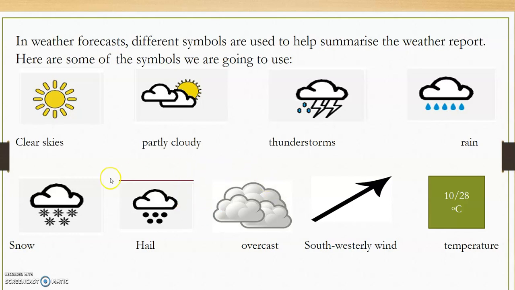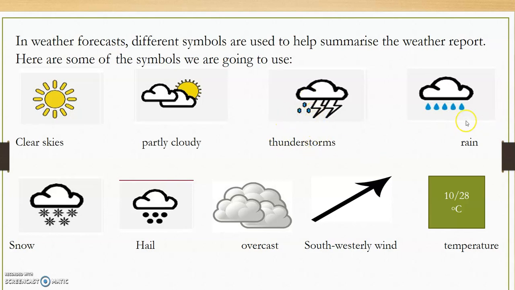All right. So we spoke about this symbol here and we said it was clear skies. Clear skies means there's no cloud in the sky. Partly cloudy, we said half or less than half of the sky is covered in cloud. Thunderstorms, we said this is the type of rain that we get, where you have lightning and rainfall, and normally these are heavy rains.